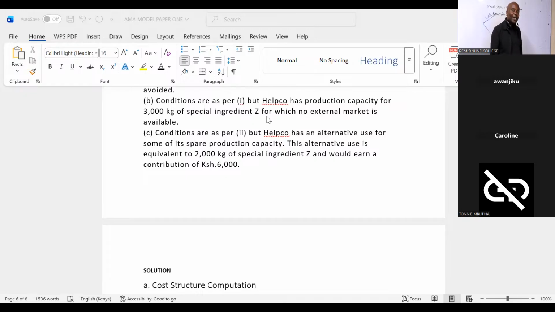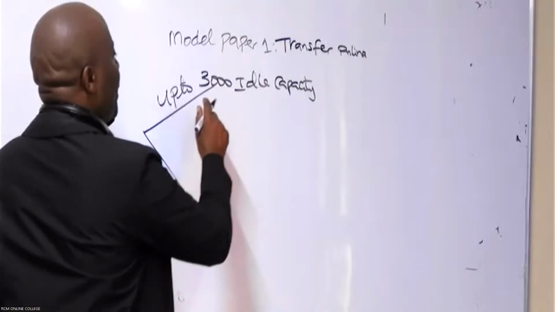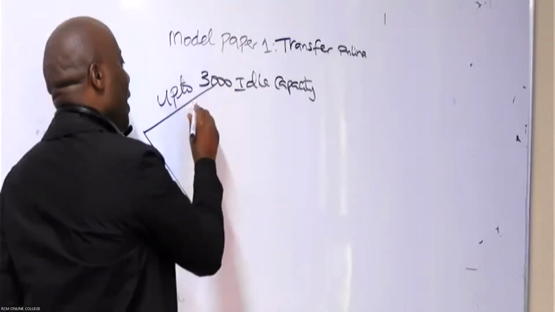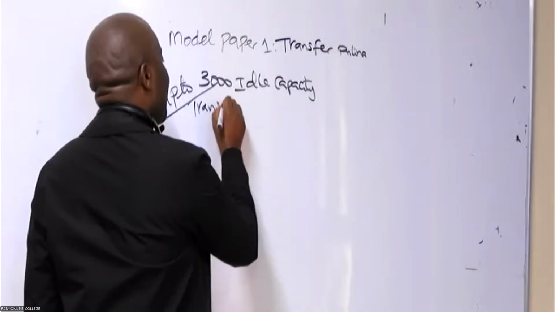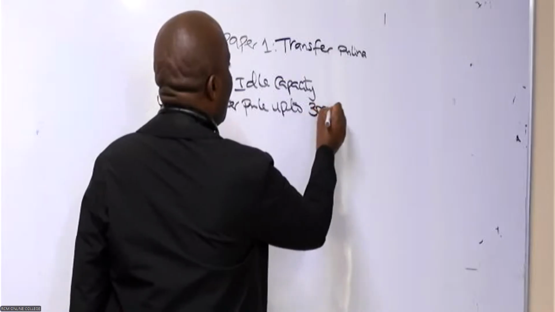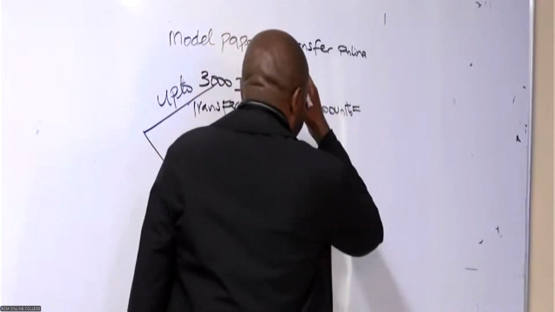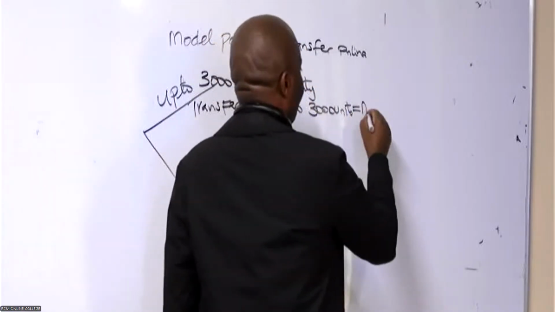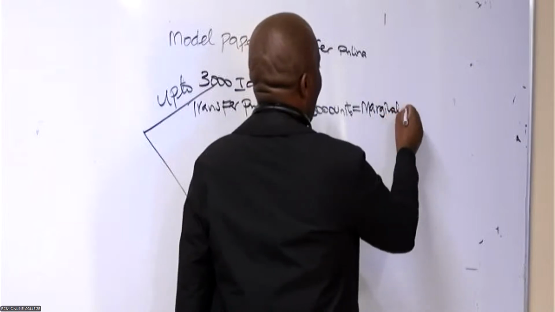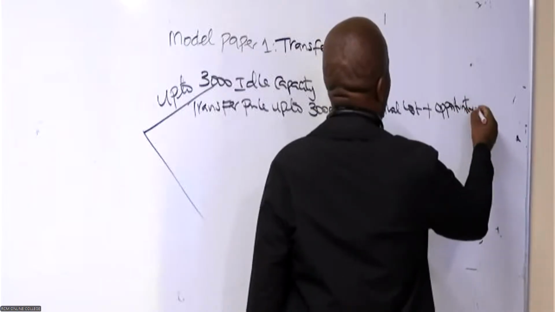If there is no external market, it means that we are idle. So it means, ladies and gentlemen, that the transfer price up to 3,000 units, when we are idle, will be equal to marginal cost. You can even just write marginal cost plus opportunity cost.